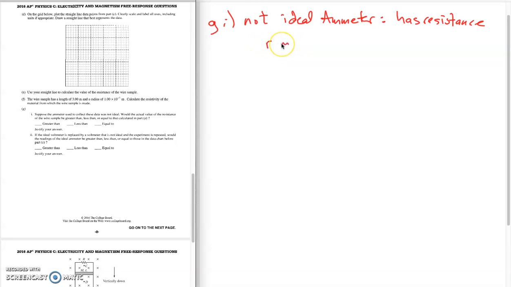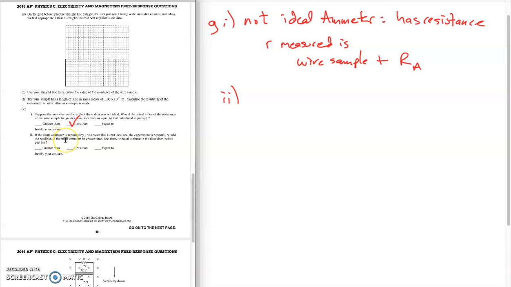So R measured is wire sample plus resistance of the ammeter. So the overall resistance of the wire sample is actually going to be less because it's only part of the overall resistance. So we're going to say less than, and this is our reason. The measured resistance is including the resistance of the ammeter, which once you subtract it out, now you're going to get a smaller number.